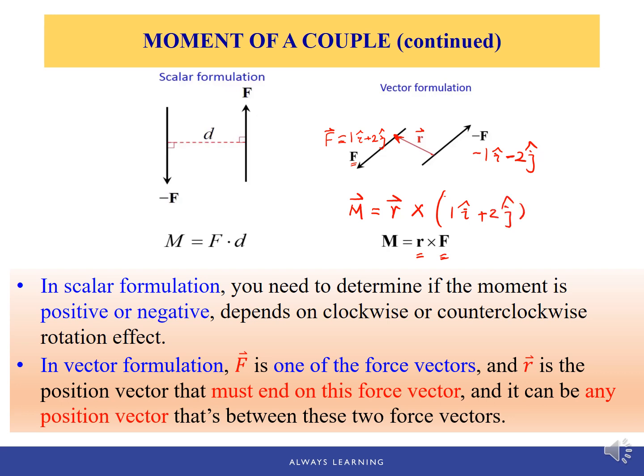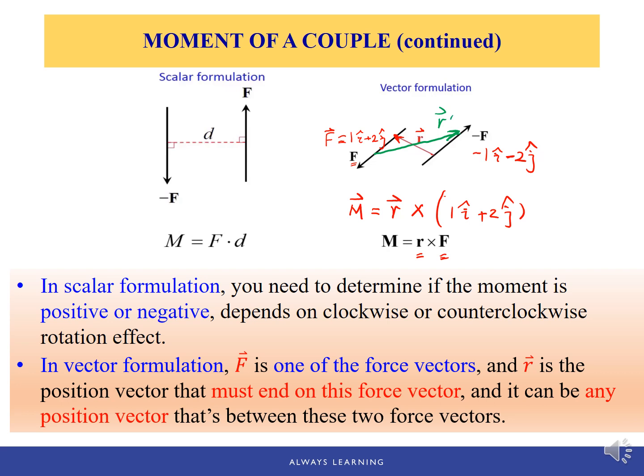Actually, it will give you the same result if we use another position vector and use the other force. Let's do another example. This position vector can be any position vector between the two forces as long as it starts from one force and ends on another force. So let's say this is another position vector, we call it r prime.